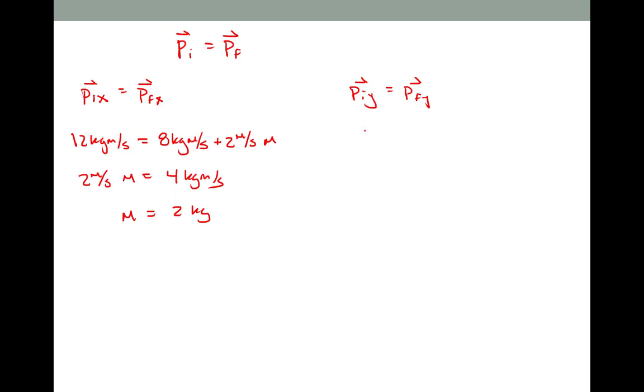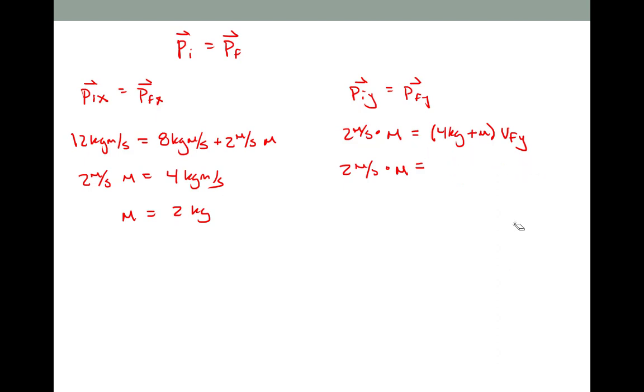In the y direction, initially I had 2 meters per second times the unknown mass, and that had to equal the 4 kilograms plus m times my unknown v final y. Actually, I don't want to remove the parentheses.